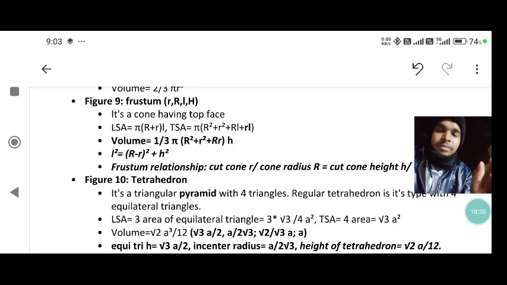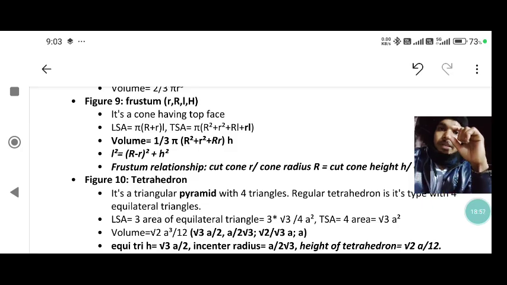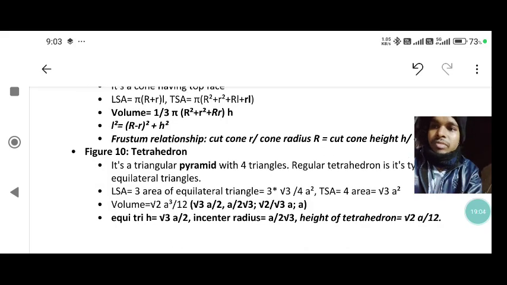And the frustum relation is that this is the base, this much is the height, and this much is the height of the complete cone. So the radius of the cut cone divided by the radius of the cone is equal to the height of the cut cone divided by the height of the cone. So the cone is common in the frustum.